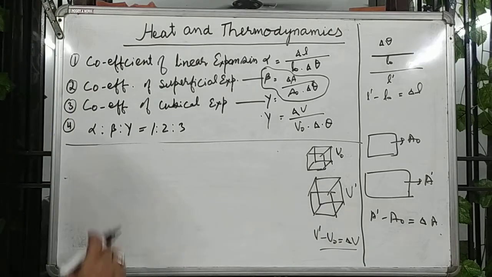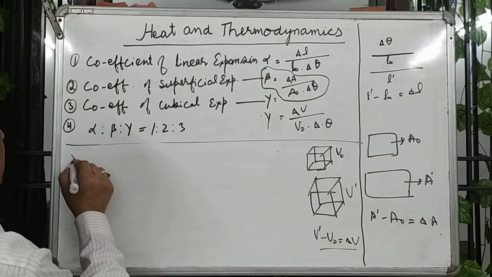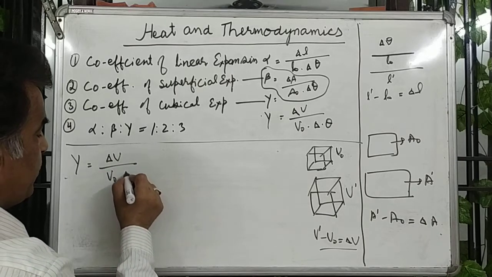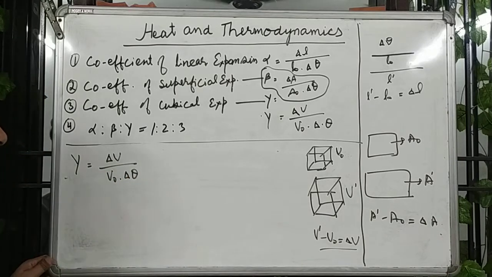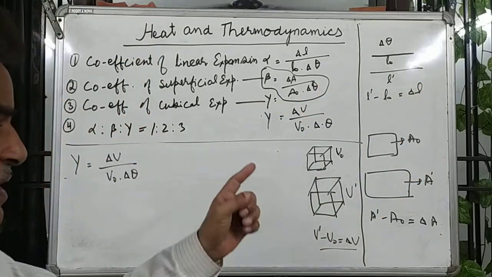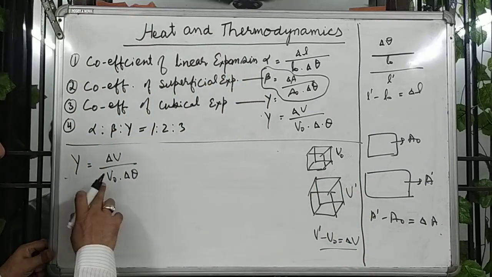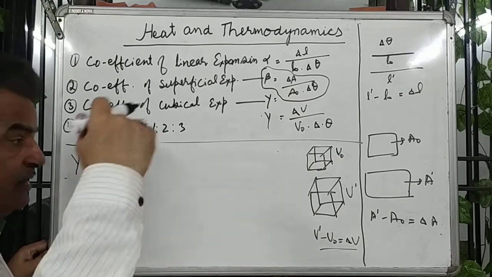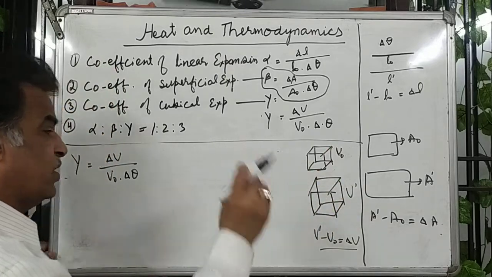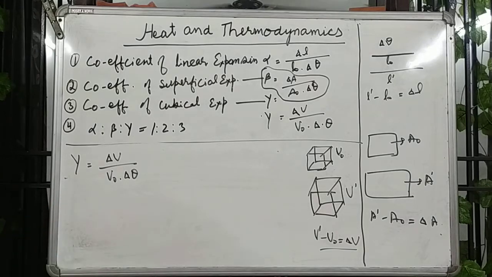So by definition, coefficient of cubical expansion gamma is the change in volume per unit original volume per unit change in temperature theta. That is, if the volume is 1 cubic meter and the change in temperature is 1 degree Celsius, the increase in volume is equal to gamma, the coefficient of cubical expansion.